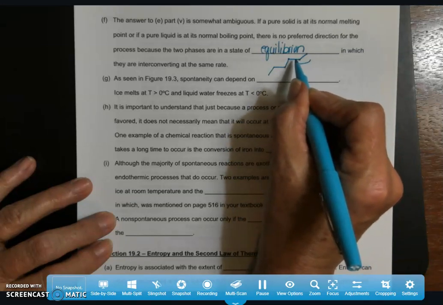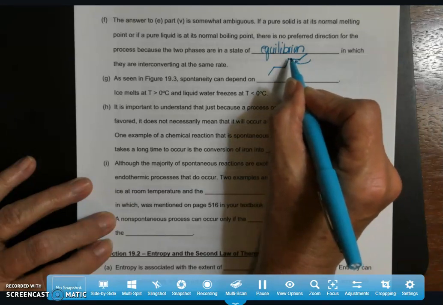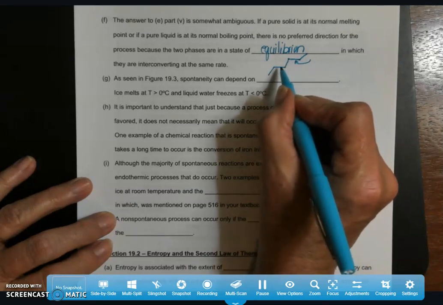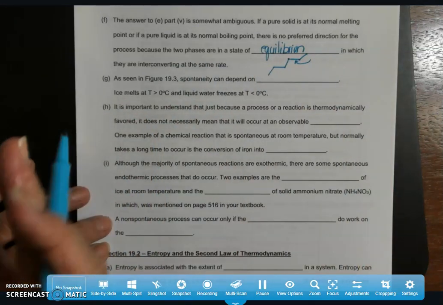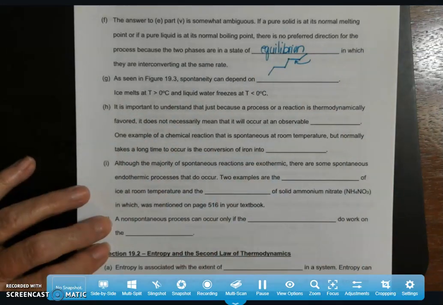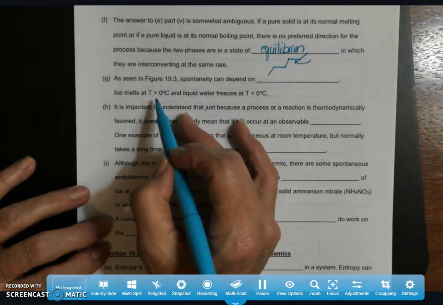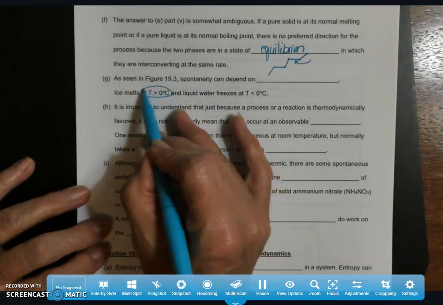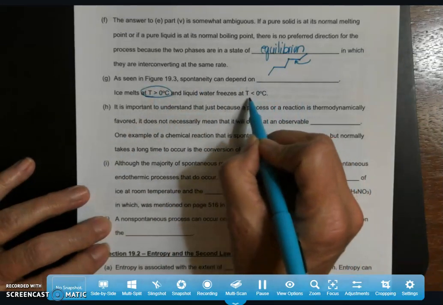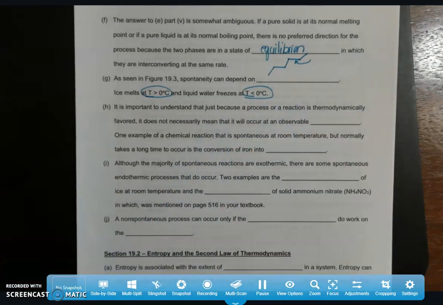The temperature is not changing. And so I'm at this equilibrium where I have this mixture of each phase at these plateaus. And so it's spontaneous, but it could go in either direction. Now, remember that ice melts at temperatures greater than 0 degrees and water freezes at temperatures less than 0 degrees.